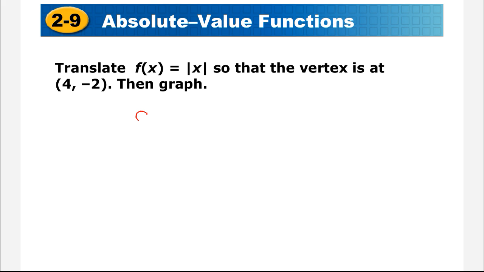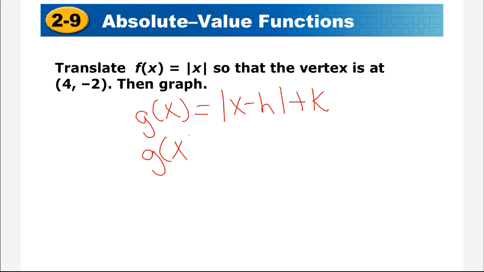So we have g of x equals the absolute value of x minus h plus k. So we're going to substitute in 4 and -2. So g of x equals the absolute value of x minus 4 minus 2.